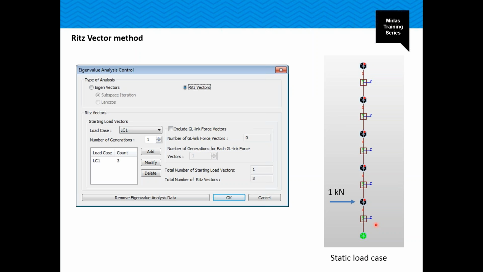What will happen if we change the starting load vector to a static load applying only to the foundation level and include only 3 modes?